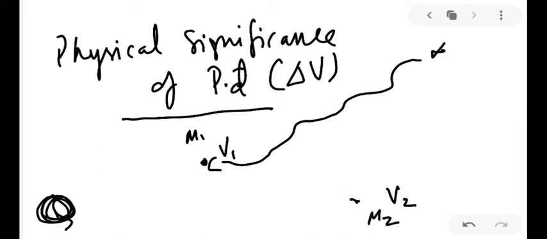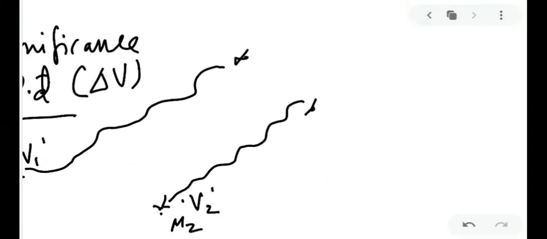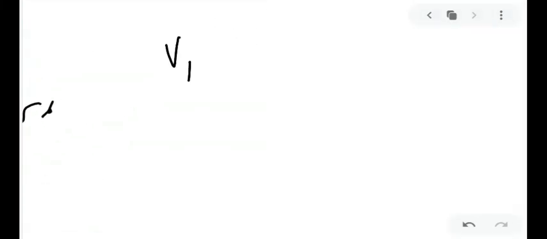And V2 is the amount of energy required to bring the same unit charge from infinity to that point M2. Since the energy in this case is V1 and the energy is V2, and there is a difference in the value, V1 is not equal to V2. So what does delta V stand for?